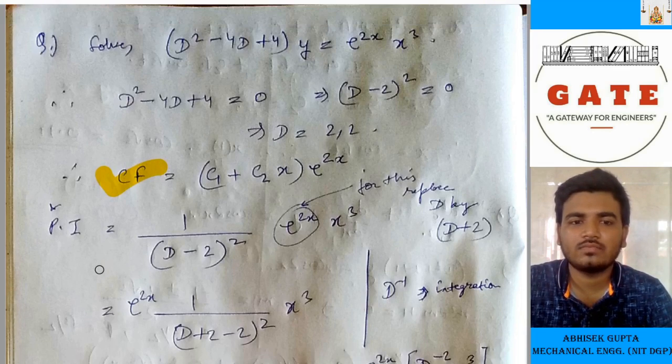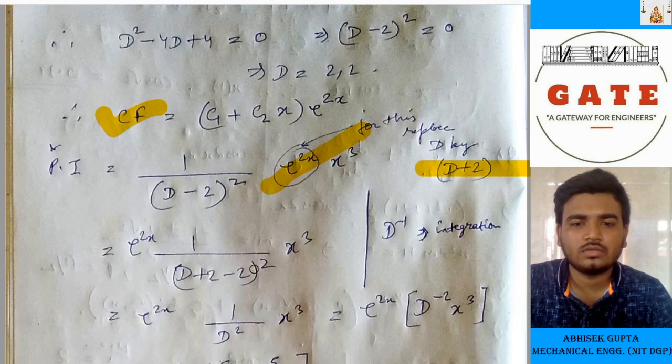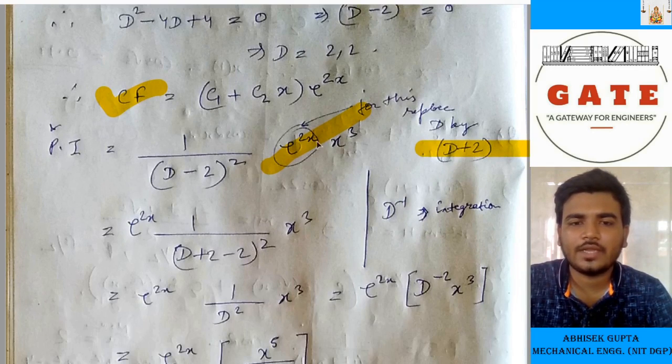Now PI will be 1 upon D minus 2 whole square, means this is a function of f of D, into e power 2x into x cube. For this we have to replace D by D plus a, and take this out of this 1 by f of D.